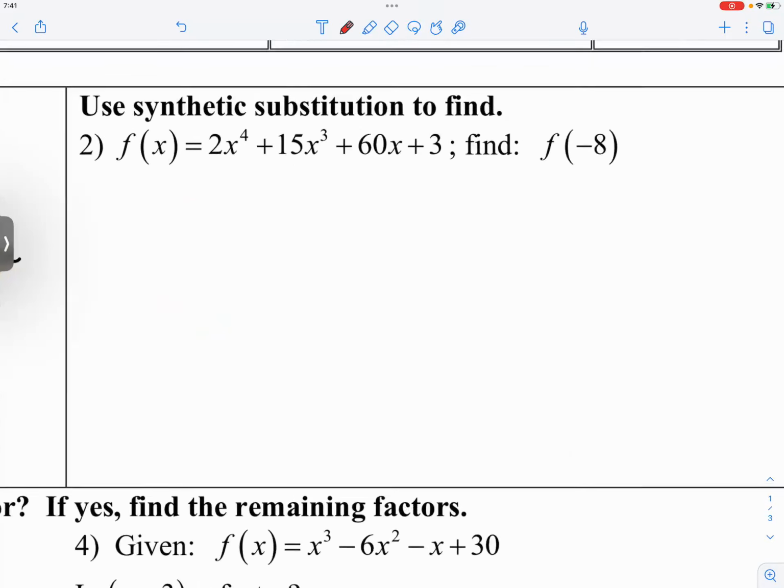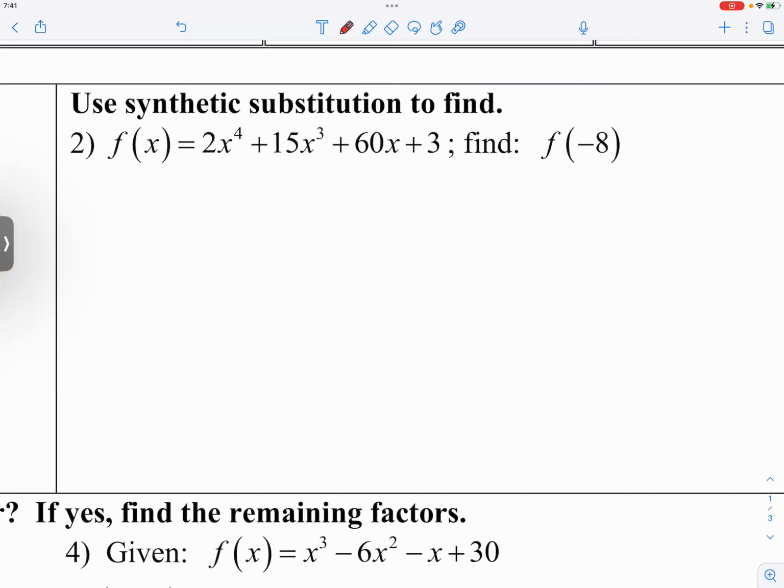Okay, like for example, for number 2, we have this term called synthetic substitution. We talked about it last week because we want to find out f of -8. So we wonder what that would be. And if you inspect this, do you see anything? The x squared term is missing, right?